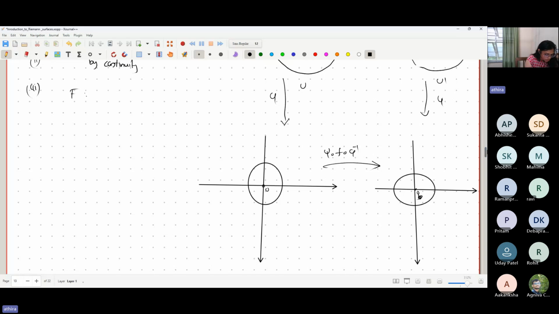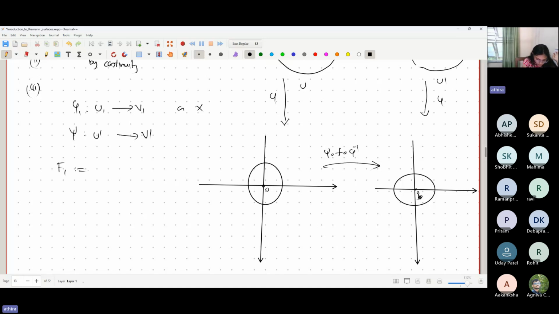First, I will choose charts. Phi from U1 to V1. Later, I will redefine phi 1, I have to do some calculations. First, I will take a chart phi 1 and another chart on X where A belongs to U1, psi from U prime to V prime.